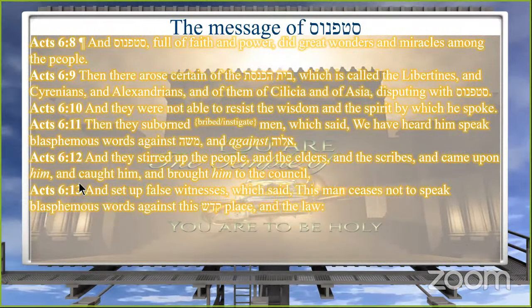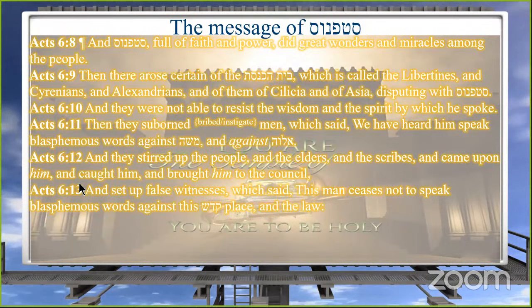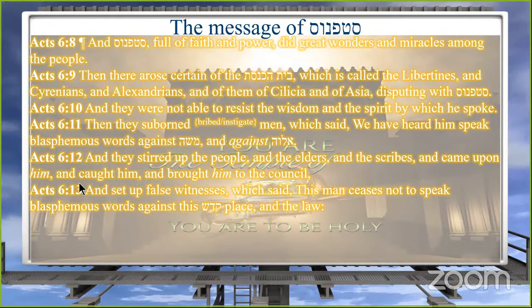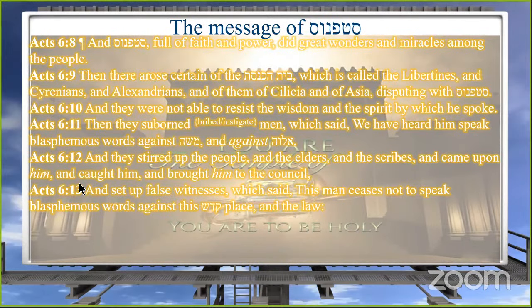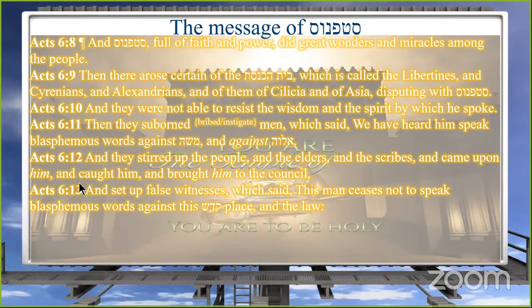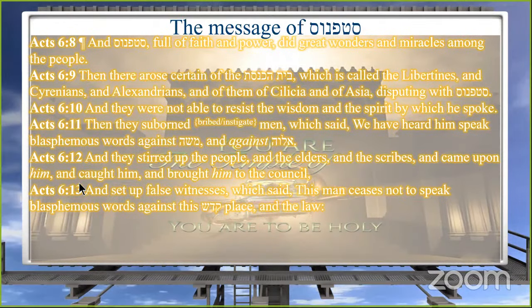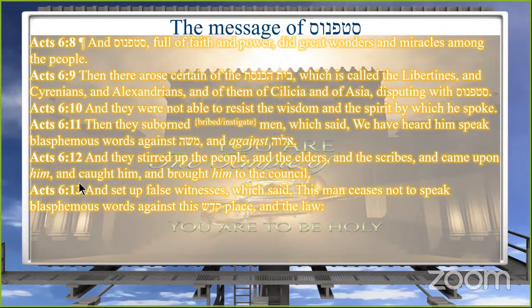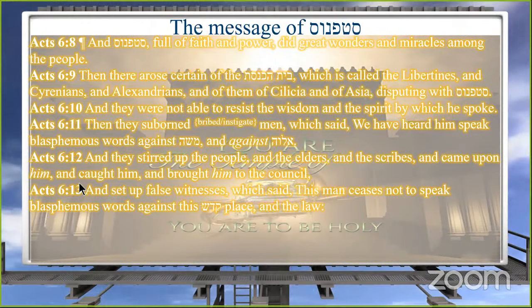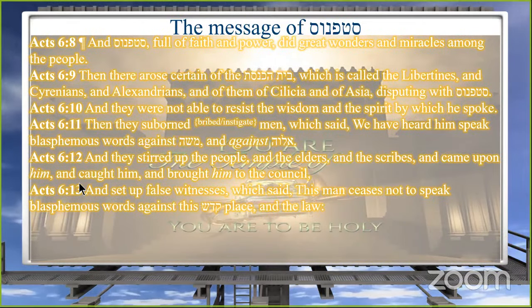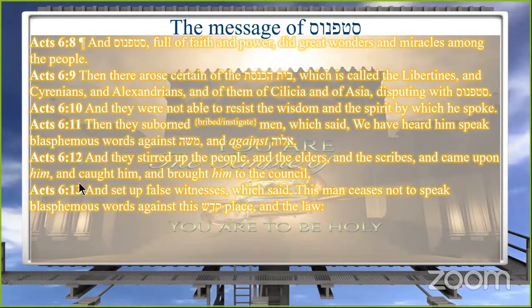And Stephonos, full of faith and power, did great wonders and miracles among the people. Then there arose certain of the Beit Knesset, King James has synagogue, which is called the libertines, or the ones that think they have so much liberty, right? If you look at like freedom fighters, if you will, and Cyrenians and Alexandria and Cilicia and Asia.